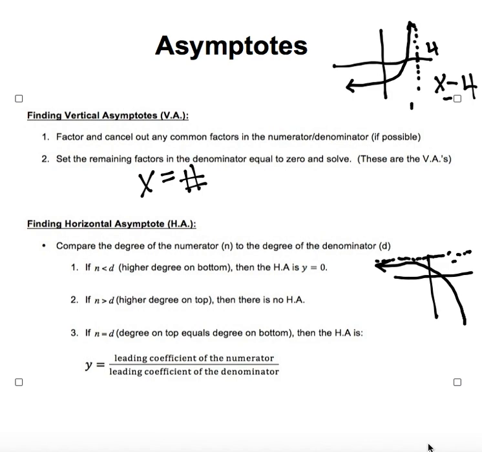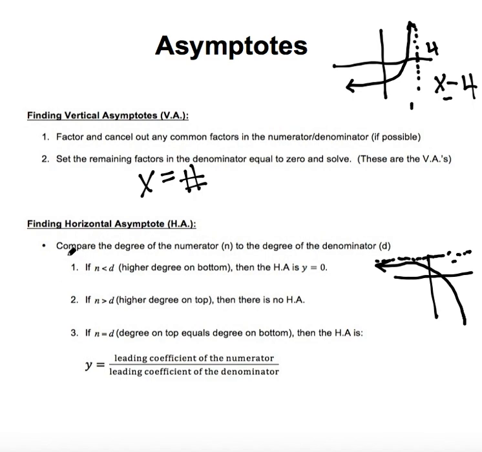So there are actually 3 cases when we're talking about finding the horizontal asymptote. What we need to do is compare the degree of the numerator to the degree of the denominator. Remember, the degree is the highest power. So we're going to look at the highest power on the top and the highest power on the bottom. And then we're going to decide which of these 3 cases it falls under.